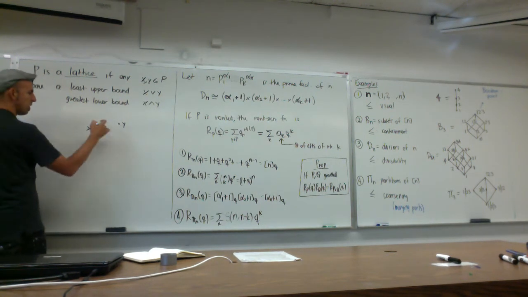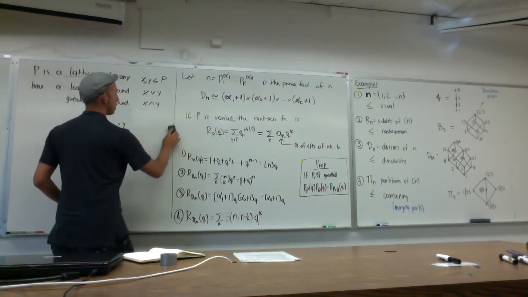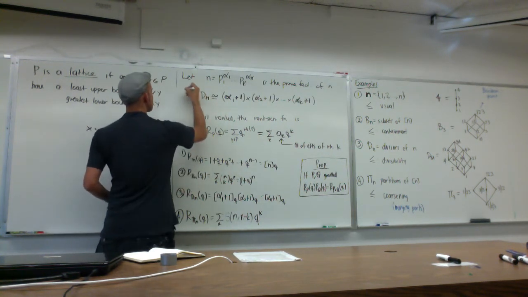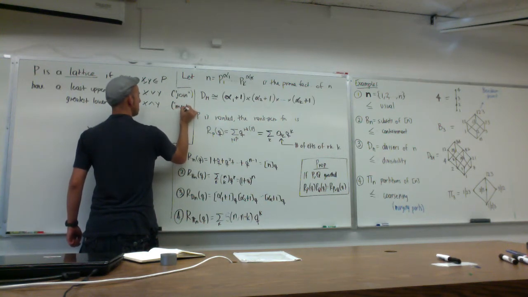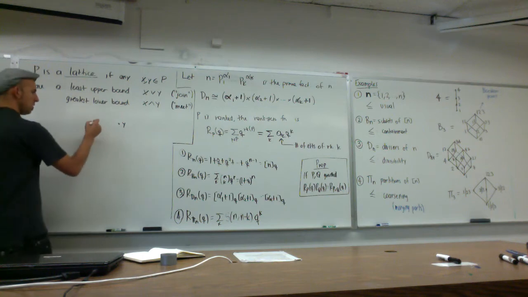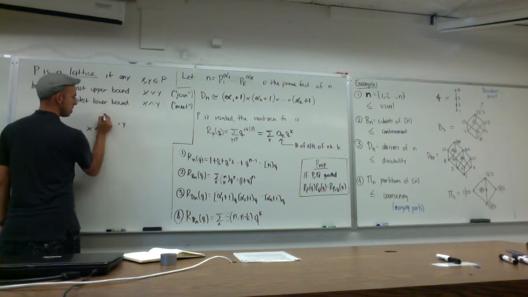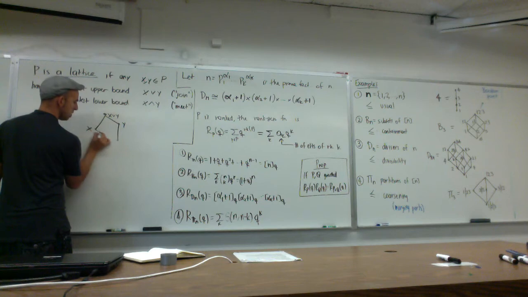So for any x and y, you need to have these two operations of join and meet. So this one is called join of x and y, and this one is called meet of x and y. So that means that you have these two special elements for any x and y. Join and meet.